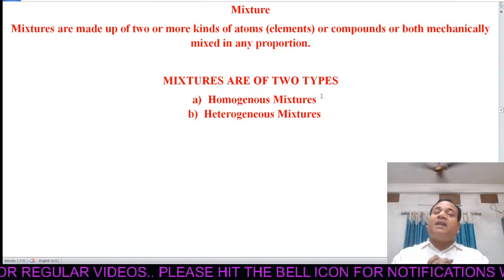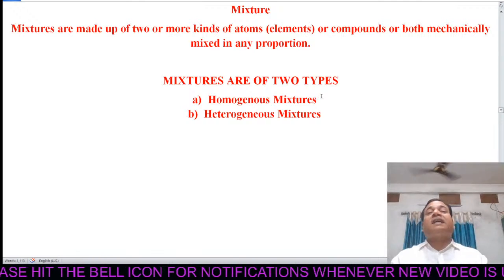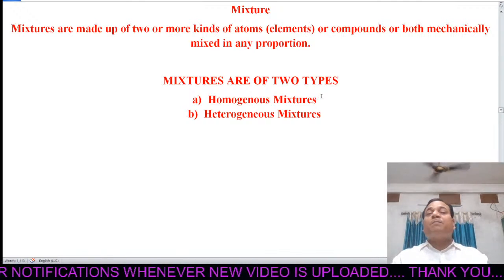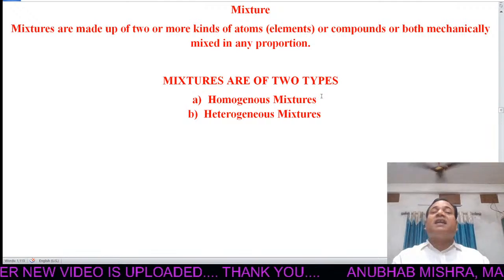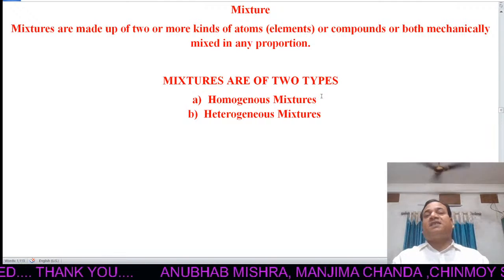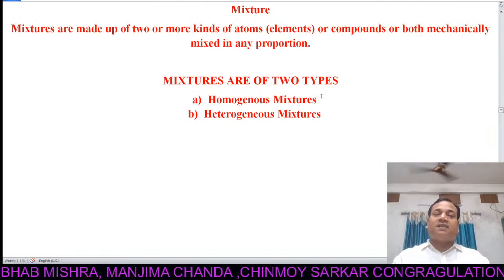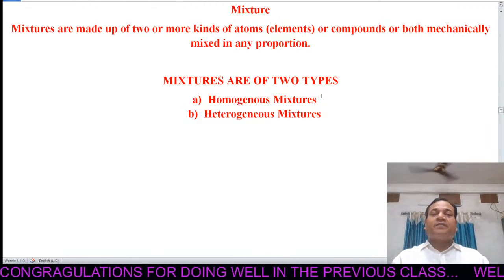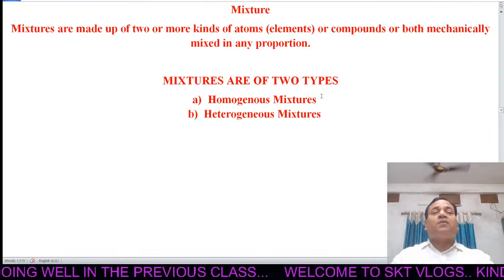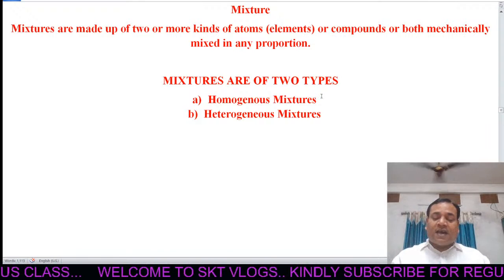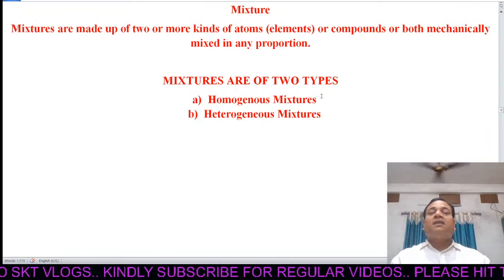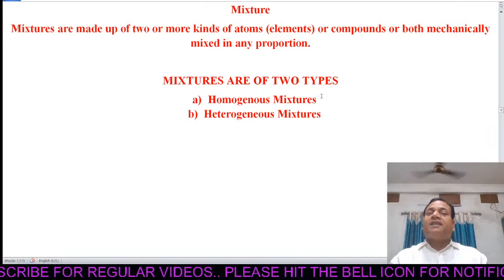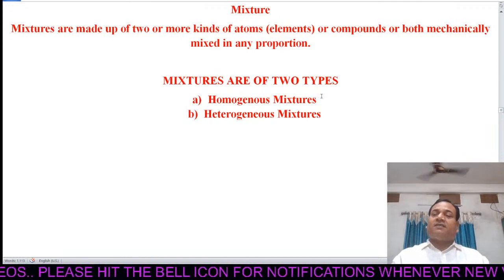So mixtures are made up of two or more kinds of atoms or compounds or both mechanically mixed in any proportion. There is no fixed proportion. जैसे 2 लीटर पानी में 5 किलो बालू डाल दिया. So mixtures are of two types, homogeneous mixtures and heterogeneous mixtures.